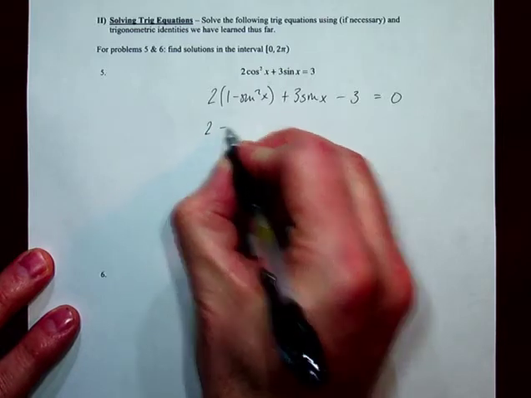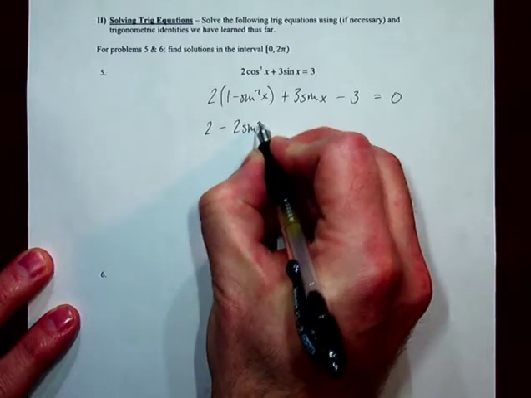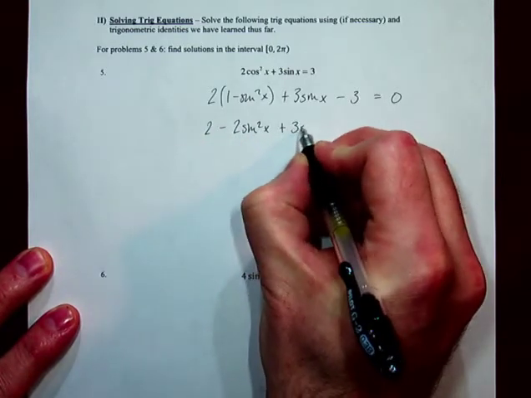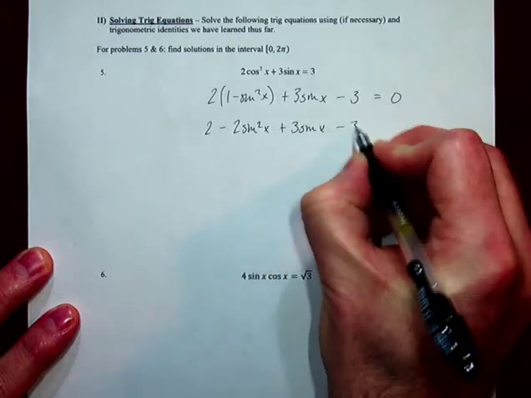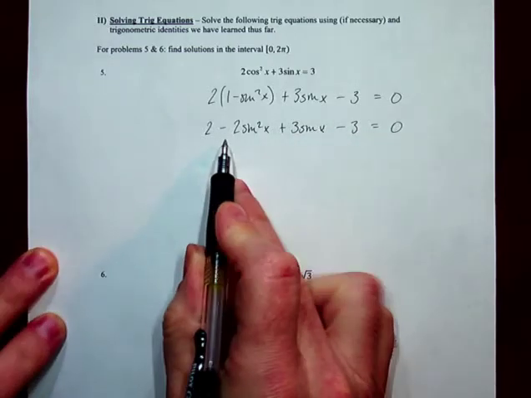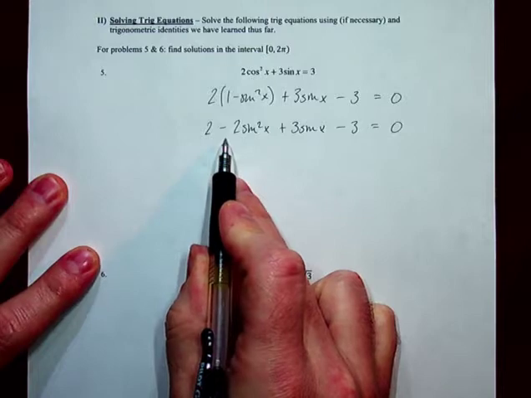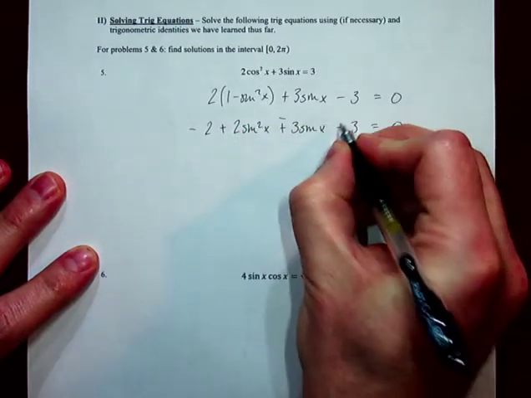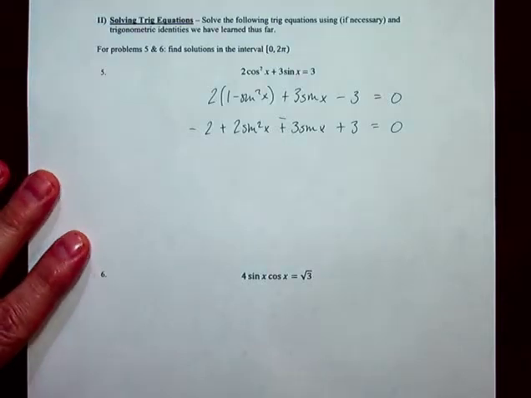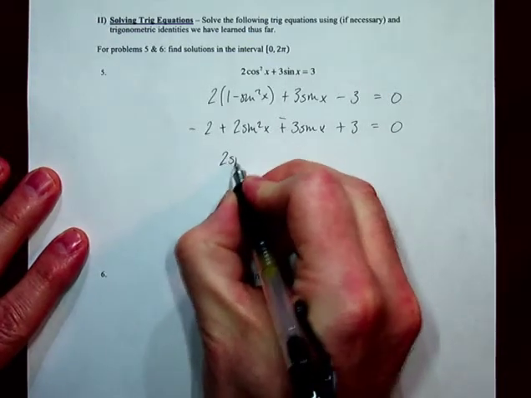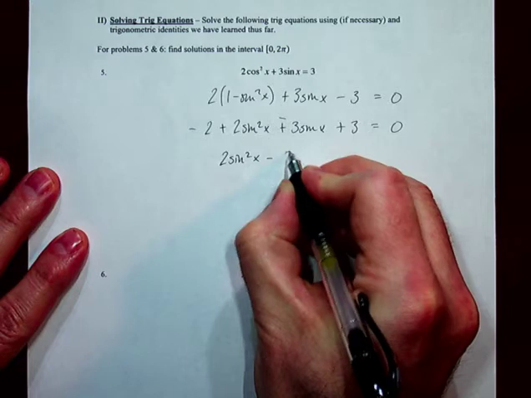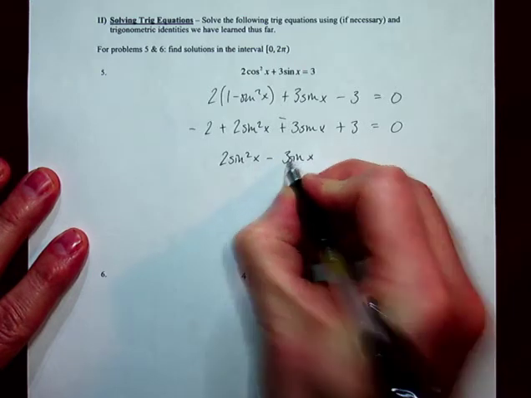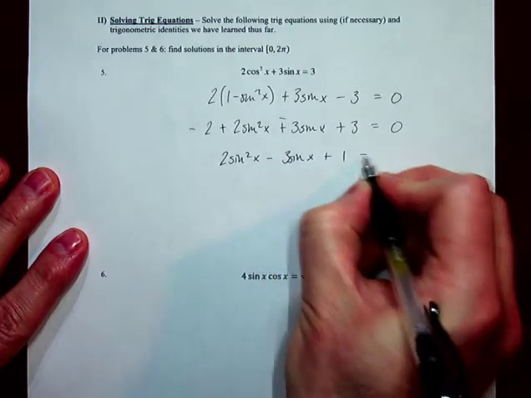So 2 minus 2 sine squared plus 3 sine minus 3. And that's going to give me a negative leading coefficient. I don't like that, so let's multiply through by a -1. Now when I collect like terms, and the only ones I need to collect are the constants, I get that.